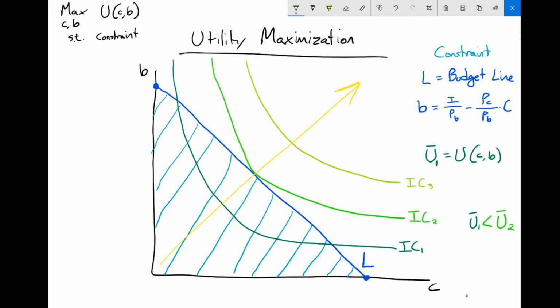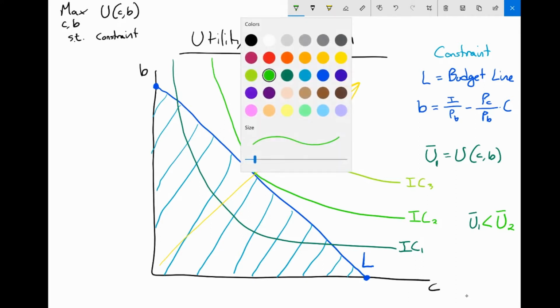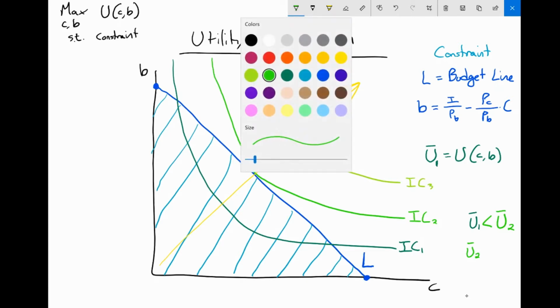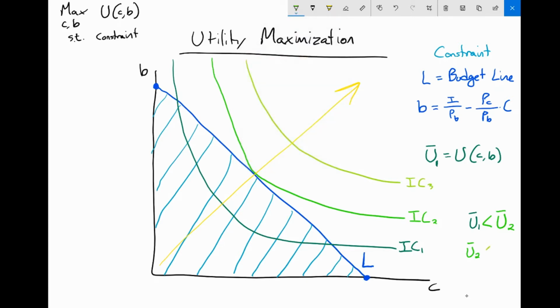They would prefer any bundle on IC2 than any bundle on IC1. The utility they get from the second indifference curve is greater than the utility they get from the first. And this goes the same for the third indifference curve. The third indifference curve is farther away from the origin. That means they would get more utility from any bundle that lies on that third indifference curve.